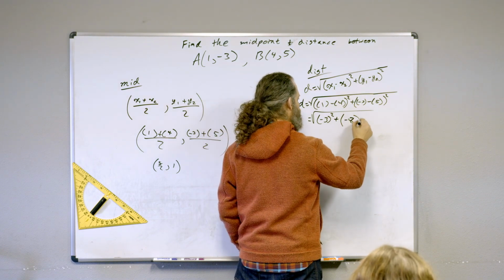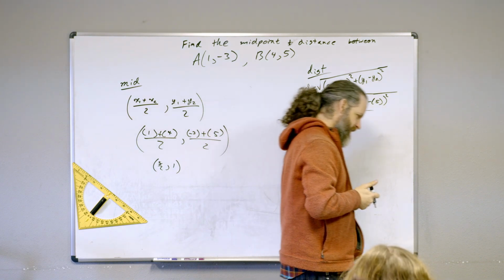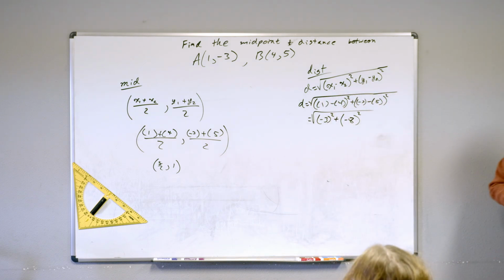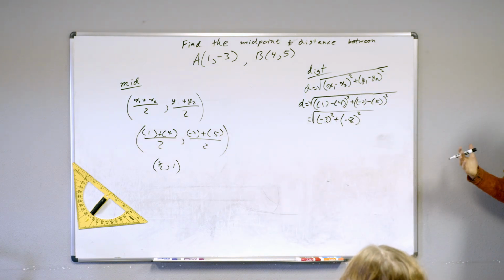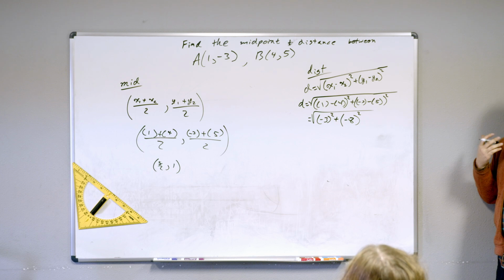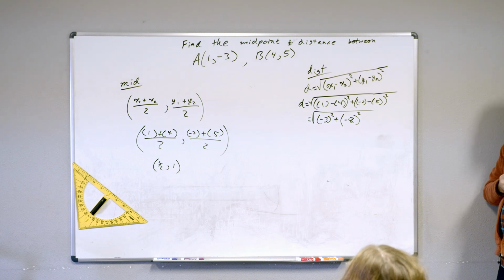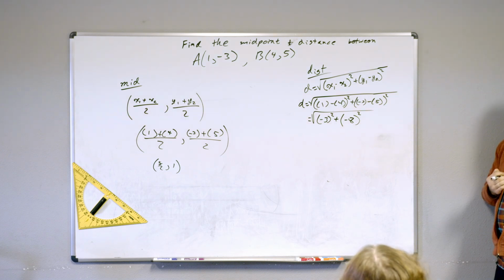Now, right here is a place it would be easy to make a mistake. Where's the mistake that people will be liable to make right here? Squared, you leave it negative. Yeah, so what's -3 squared? 9, positive 9, right?